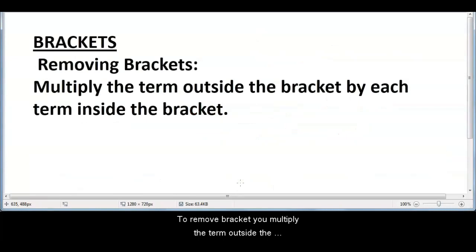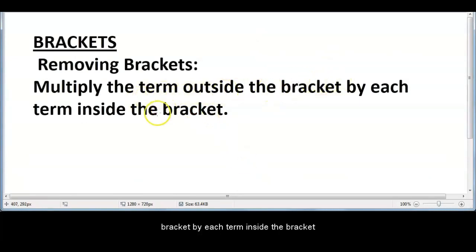To remove brackets, you multiply the term outside the bracket by each term inside the bracket. Let's consider this. Let's say we have 2 bracket 4 minus 3y.